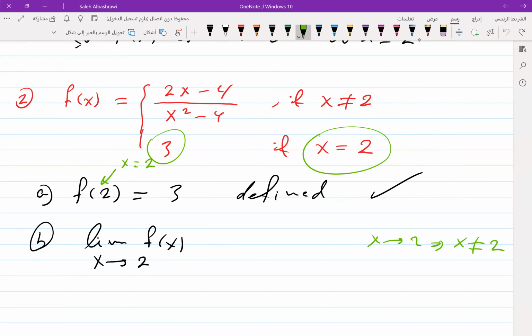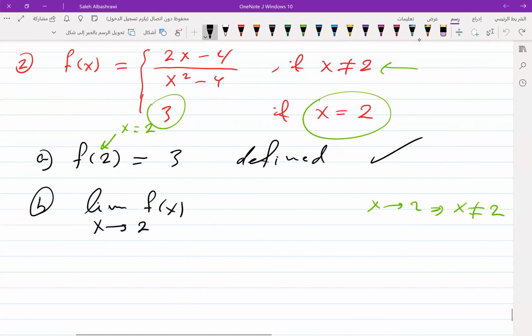It is approaching the number 2, but it is not equal to 2. So we are going to use the first part where x is not equal to 2. So this is equal to the limit of the function 2x minus 4 divided by x squared minus 4, where x goes to 2.